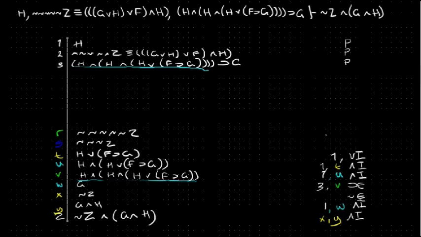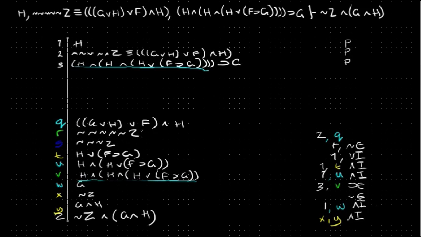So on line S, this is going to have come as a negation elimination from line R, and line R is going to be a biconditional elimination from line 2, and we'll say Q, on which we would need the other half of that biconditional, which would be G or H or F and H. Now notice that we don't just jump from not Z to not Z, even though we can see that presumably 2 negations cancel out, then 4 negations will also cancel out, as we can see them doing.